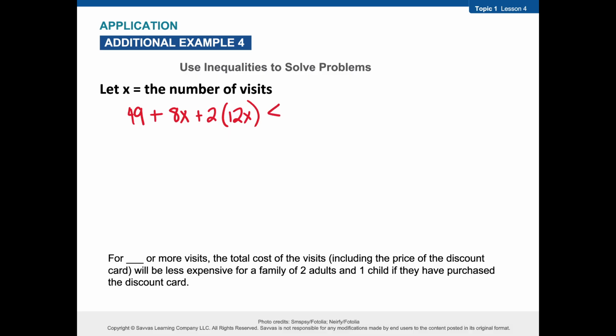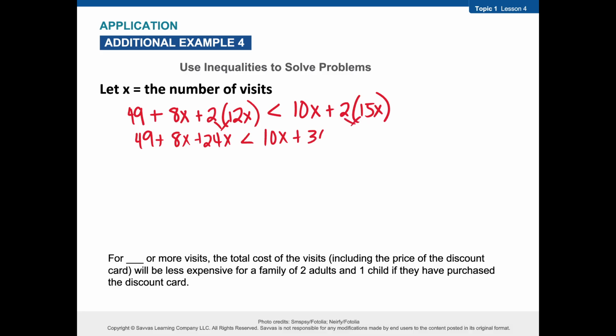When is that amount going to be less than not having the discount card, which was $10 per child, plus 2 adults at $15 each? So combining all my like terms, 8x plus 24x less than 10x plus 30x.